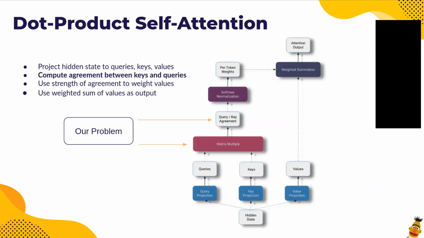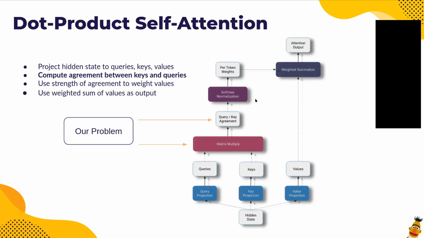So most of you at this point are probably familiar with BERT. BERT uses this concept called self-attention, dot product self-attention, to route information between tokens. And just for kind of a brief overview, we take our hidden state from a layer, we project it out to a set of queries, a set of keys, a set of values. We compute a measure of agreement between queries and keys via a matrix multiply to get our attention matrix.